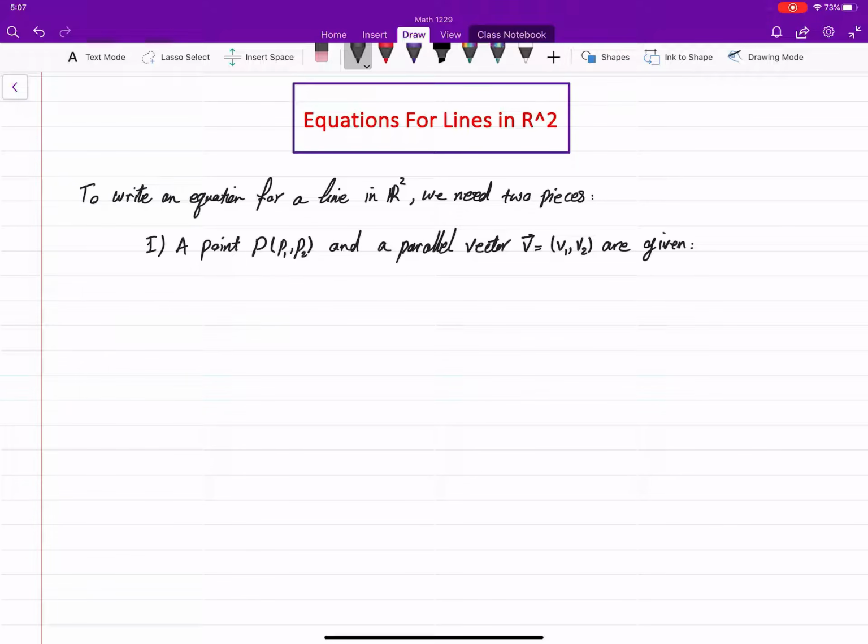In that case, similar to the lines in R3, we can write an equation in point parallel form, and also we can write the parametric form.